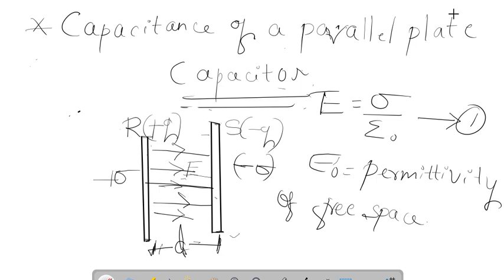Then the electric field in terms of surface charge density is written as E is equal to sigma divided by epsilon naught. This is equation number 1, where epsilon naught is the permittivity of free space.